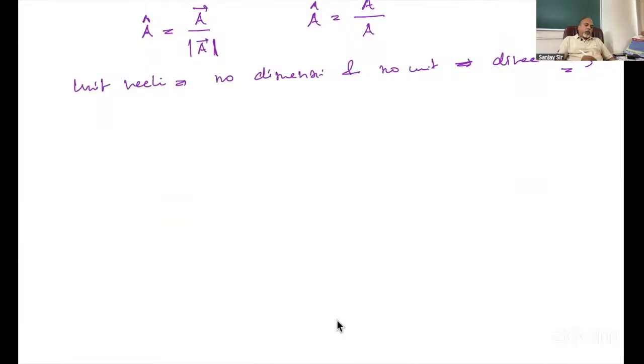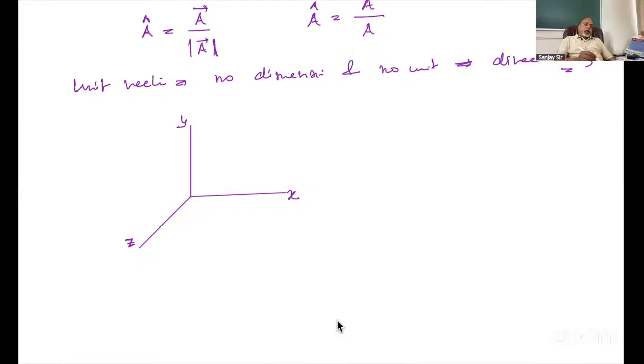Like we have this Cartesian coordinate system, there are three orthogonal axes. This is X, this is Y, and this is Z, correct?